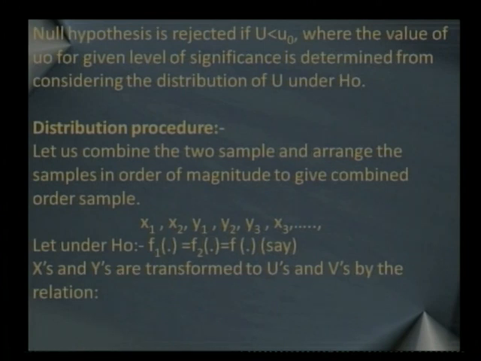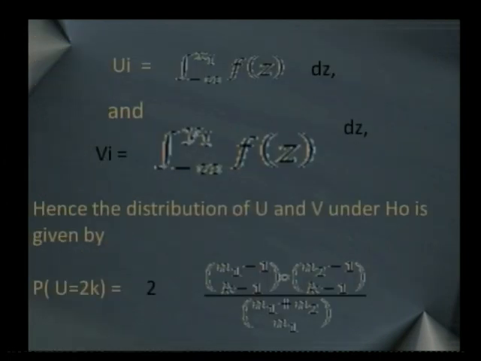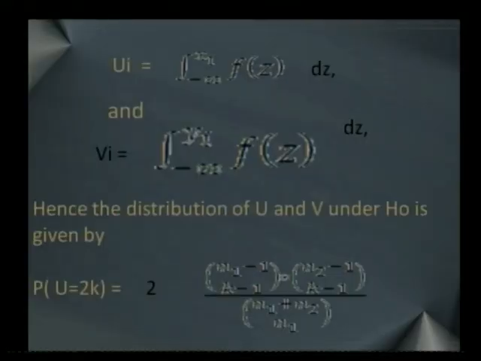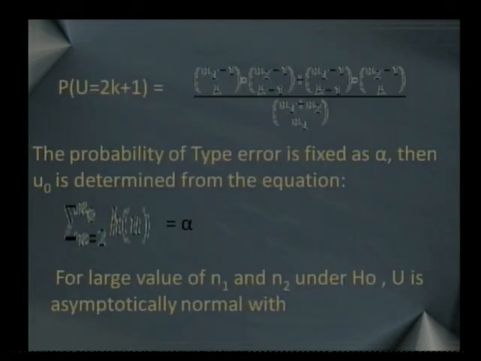Now let us transform the x and y variables to u and v variables, so here we have standardized, normalized it. Hence the distribution of U under H0 is given by probability of U equal to 2k is equal to C(n1 minus 1, k minus 1) into C(n2 minus 1, k minus 1), whole divided by C(n1 plus n2, n1). Here it is nothing but the negative binomial distribution.